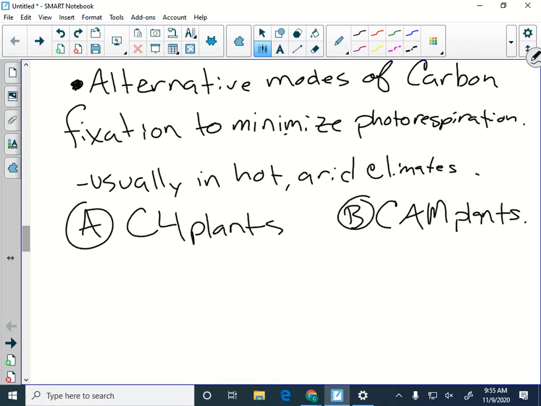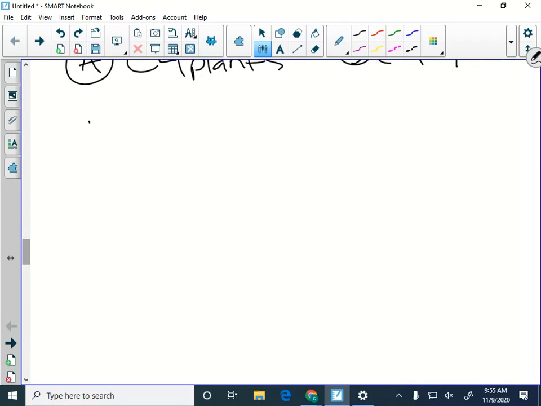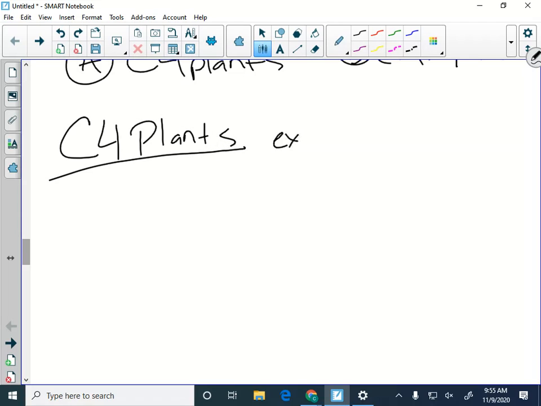Okay. We're going to start with C4 plants. Some examples of C4 plants, corn and sugarcane.